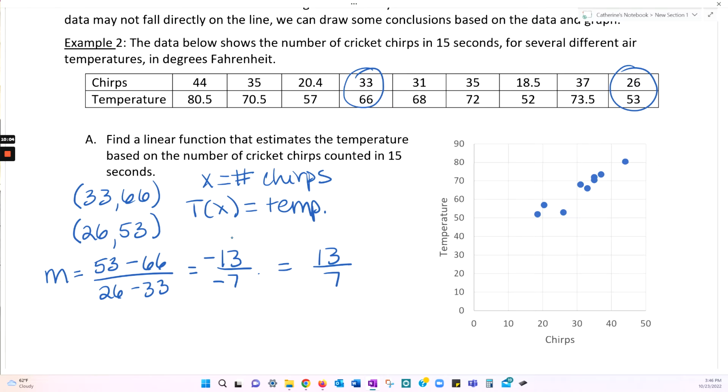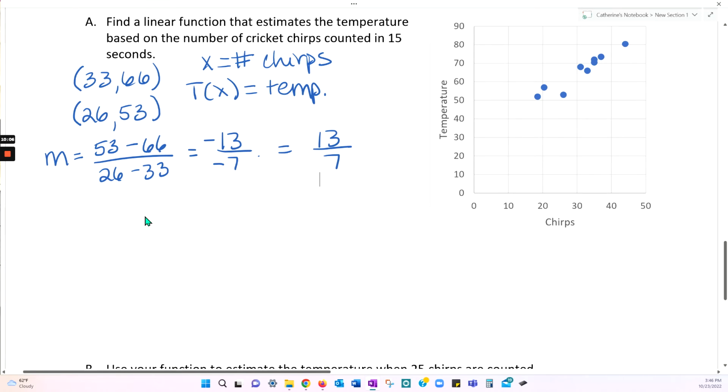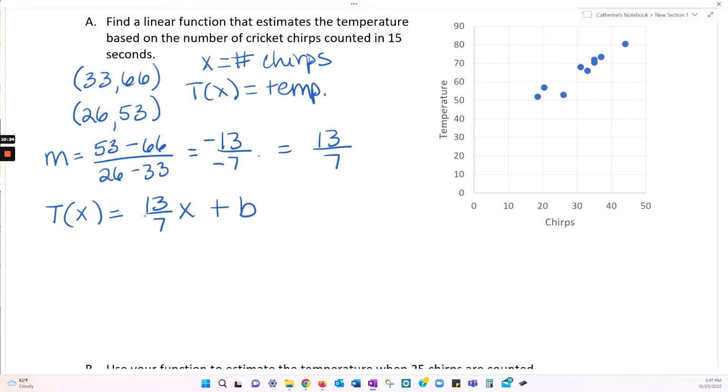And then we'll just deal with figuring out our b value. It'll be a little bit ugly, but we can handle it. Okay, so I'm going to pick then 26, 53 for my point. So we now know T of x equals 13 over 7 x, but we want the b value, right? What's the initial value?